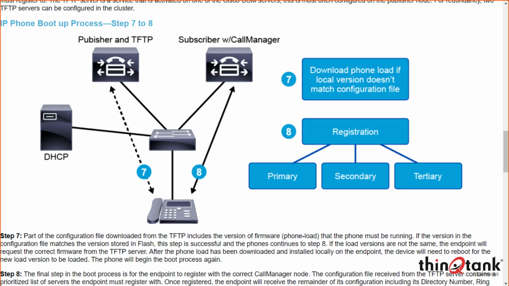Once we've obtained the configuration file from the TFTP server, we attempt to register with the highest priority call manager in the call manager group using SCCP if the phone has been provisioned as a skinny phone. SCCP uses TCP port 2000.